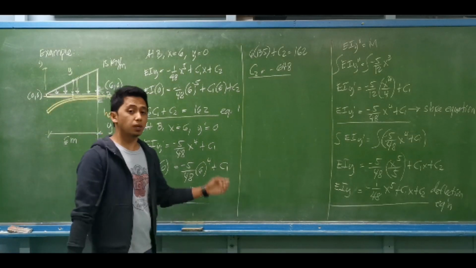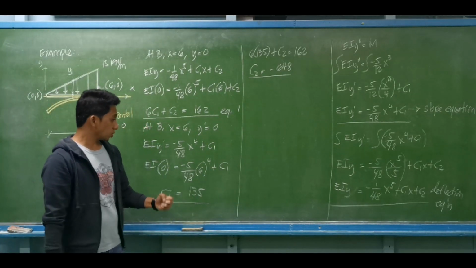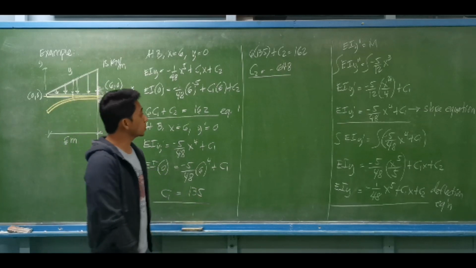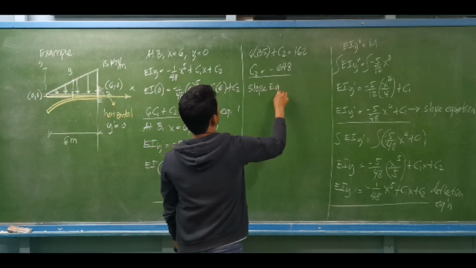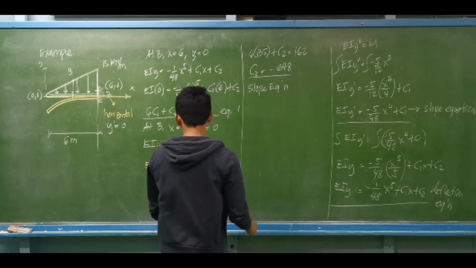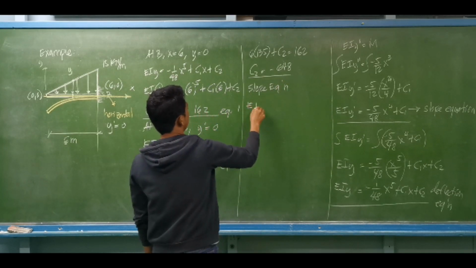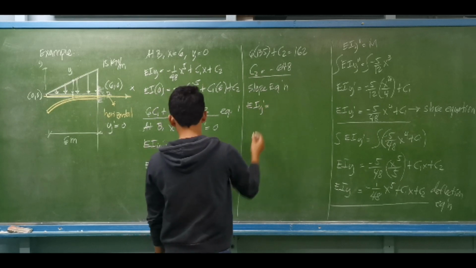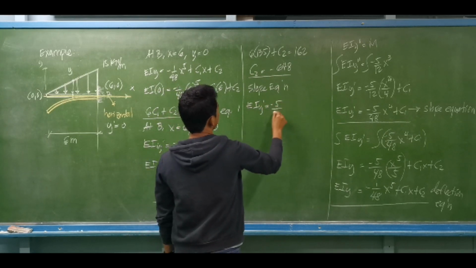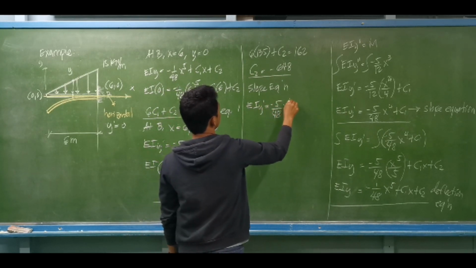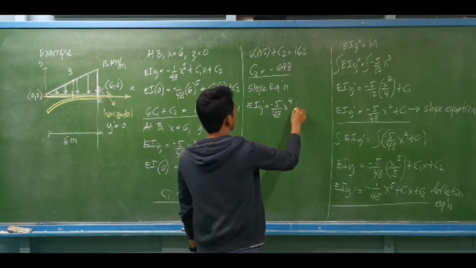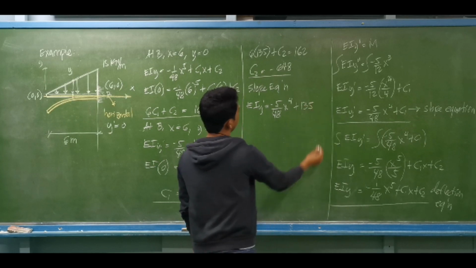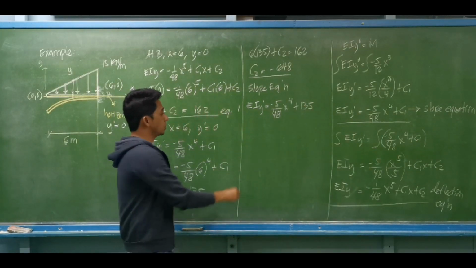So if we are to summarize what is our slope equation, okay, the slope equation will be equal to EI y prime is equal to negative 5 over 48 of x raised to 4, okay, plus C1, and C1 is equal to 135. That is our slope equation.